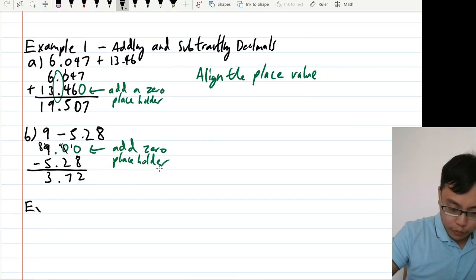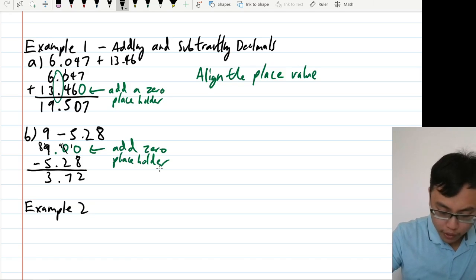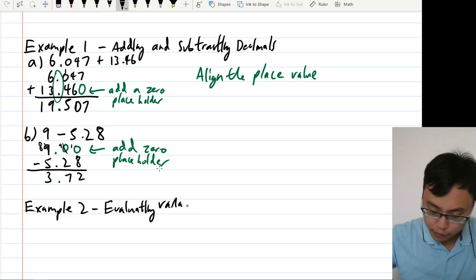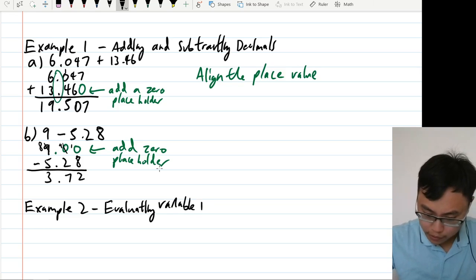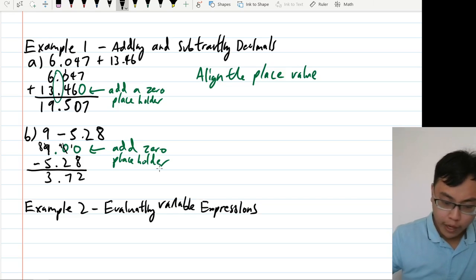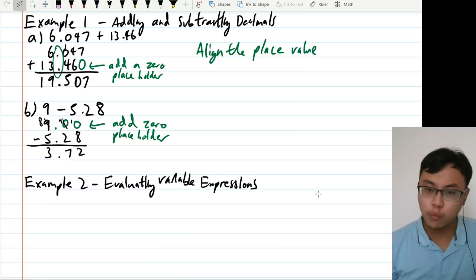Example 2 will be about evaluating variable expressions. We have just one example.